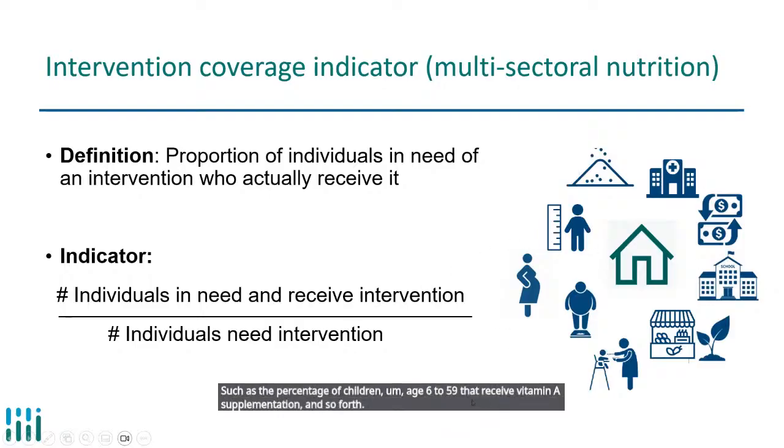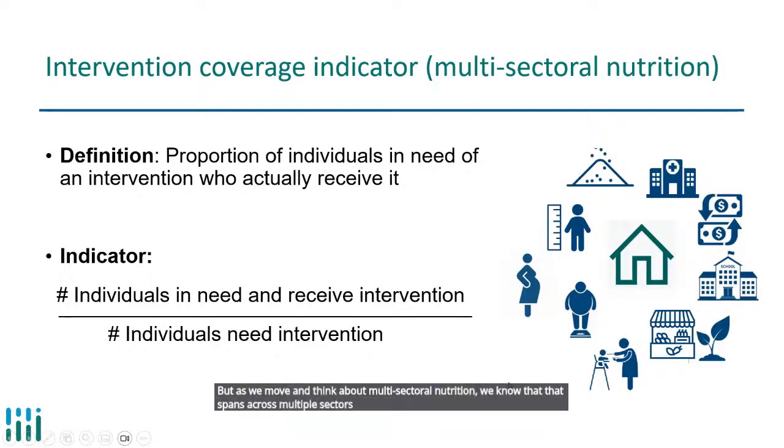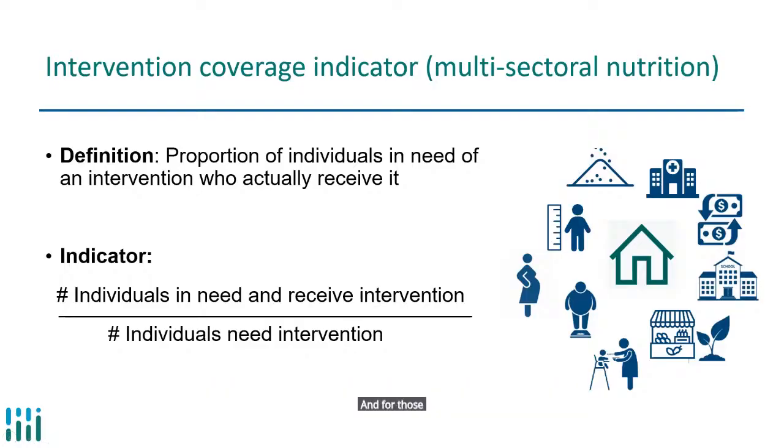But as we think about multi-sectoral nutrition, we know that it spans multiple sectors and delivery platforms and a variety of different types of interventions. For those, there may not be standard indicators and measures for tracking coverage.